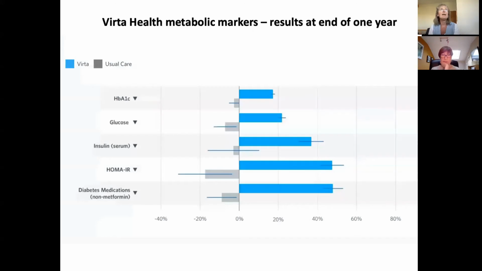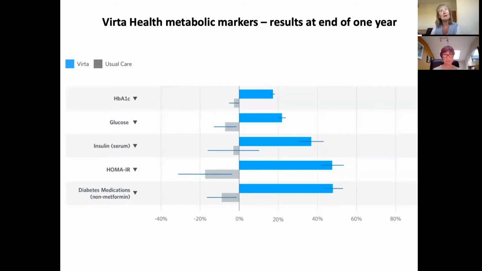And then they also found that all the markers for metabolic health, blue lines on the right are those people who've been through the very low carbohydrate diet, and the grey lines on the left are the people who are having usual care. And as you can see, all the blue lines have gone significantly in the improved direction for all of those measures.